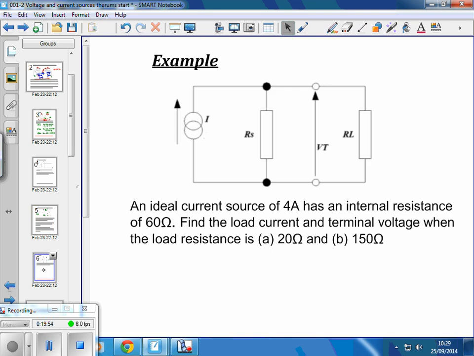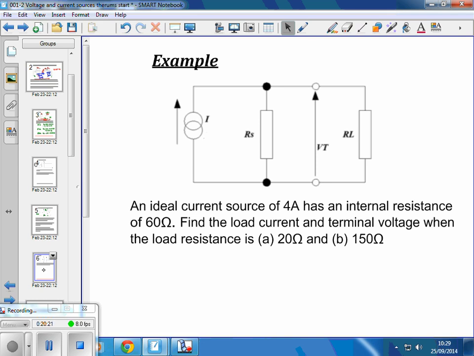So, quick example. An ideal current source of 4 amps has an internal resistance of 60 ohms. Find the load current and the terminal voltage when the load resistance is A 20 ohms and B 150 ohms.